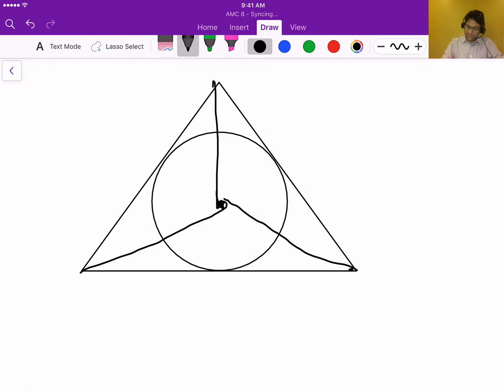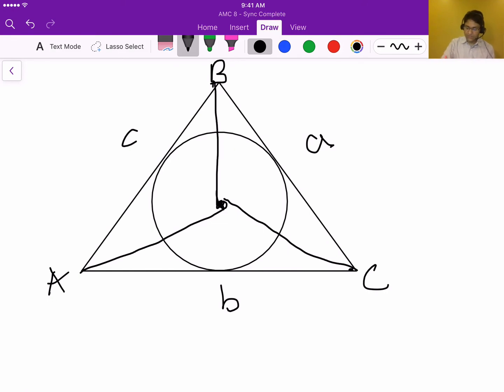Okay, so let's call this A, this is B, and this is C. By notation, we designate the length of BC to be a. This is opposite vertex A. We designate the length of the segment AC, which is opposite B, as little b. This is little c.